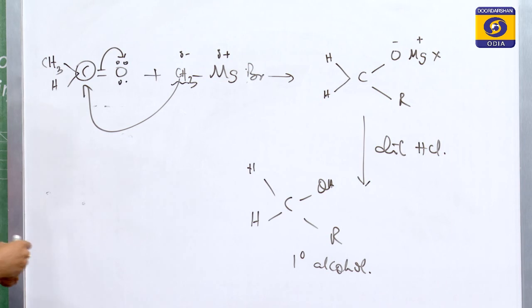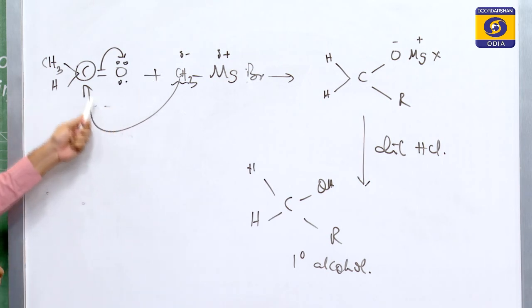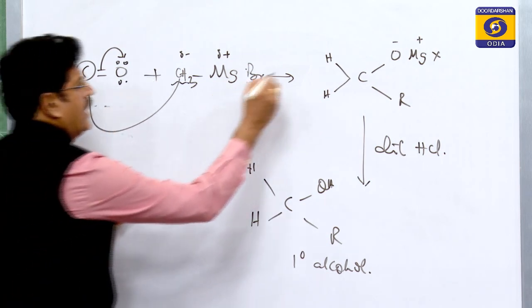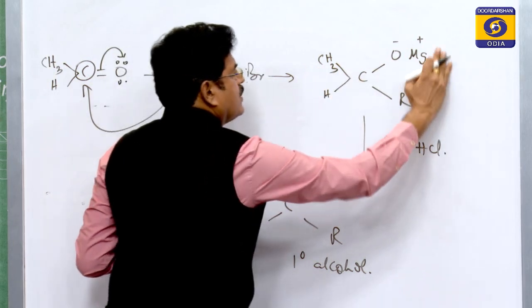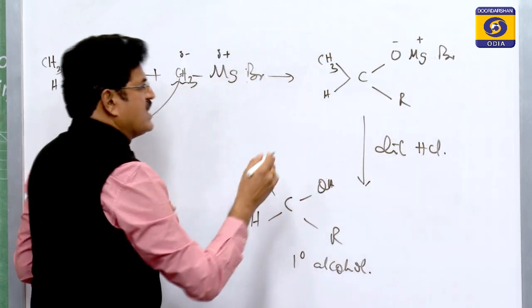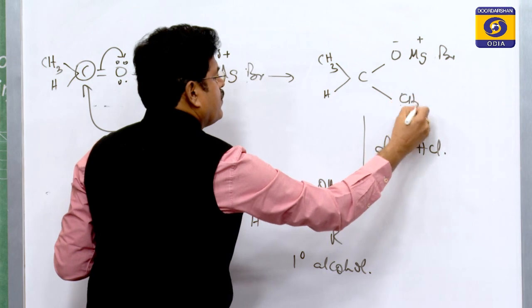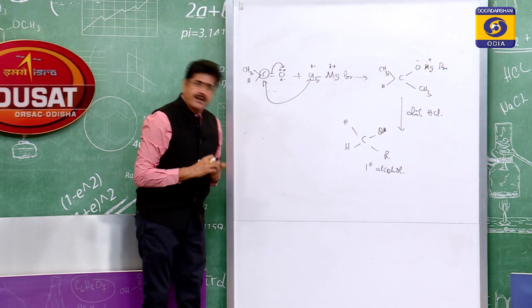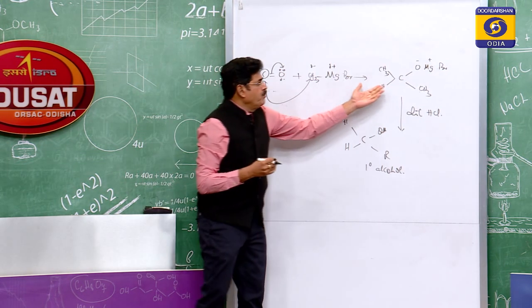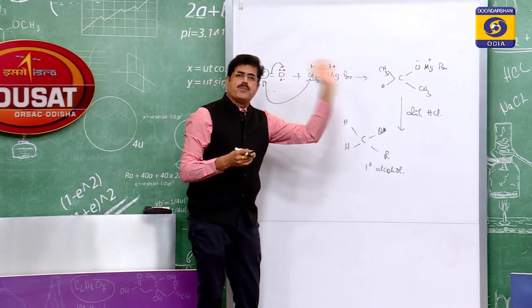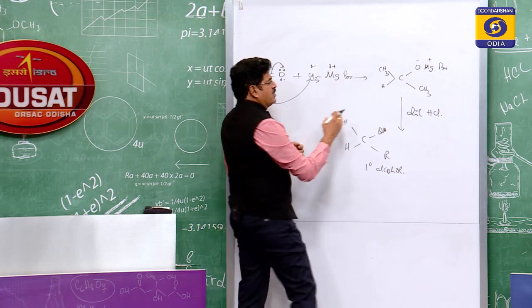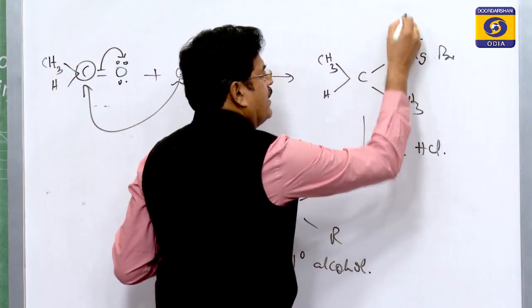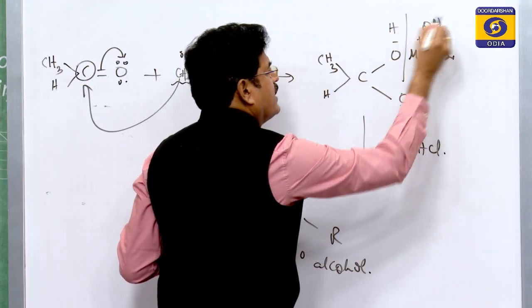The CH3 minus attacks, and the compound formed is bromo magnesium isopropoxide.